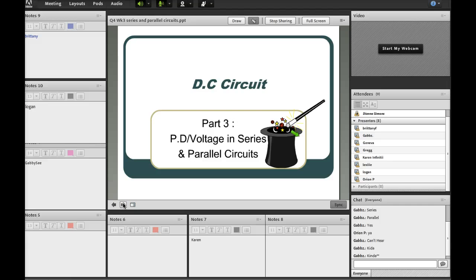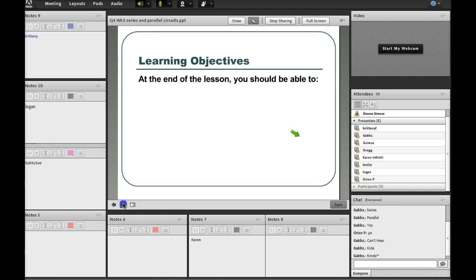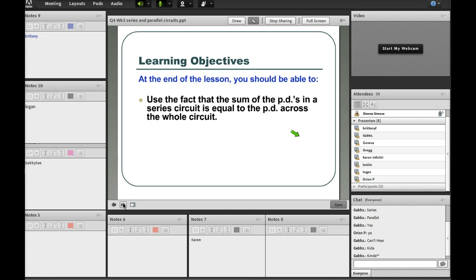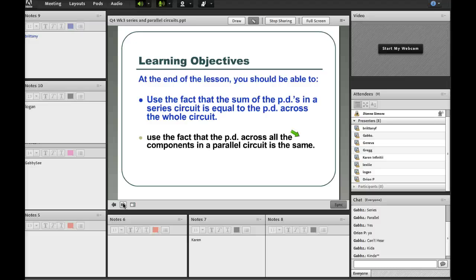All right, so the last thing we're going to talk about is voltage in series and in parallel. So at the end of this, you're going to know that in a series circuit, the potential drop across each resistor is going to be different. And the potential drop across the components in a parallel circuit is always going to be the same. So in a parallel circuit, the voltage is always going to be whatever it starts out to be. If you have a battery that has 24 volts, it's going to be 24 volts through the whole circuit in a parallel circuit.